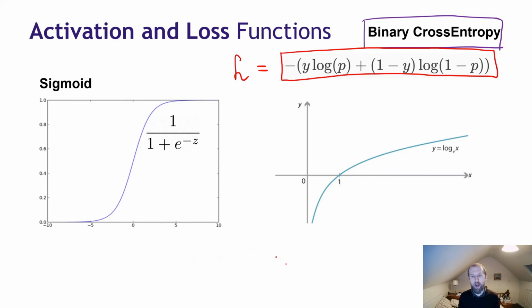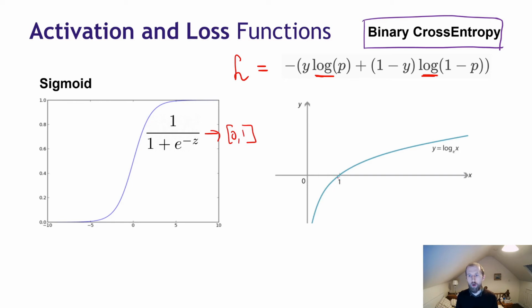So I'm going to talk about how this works when we have two classes. Firstly, if you haven't seen the logarithm before, it looks something like this. Notice that because we're dealing with a probability, the sigmoid is going to send everything to somewhere between 0 and 1.